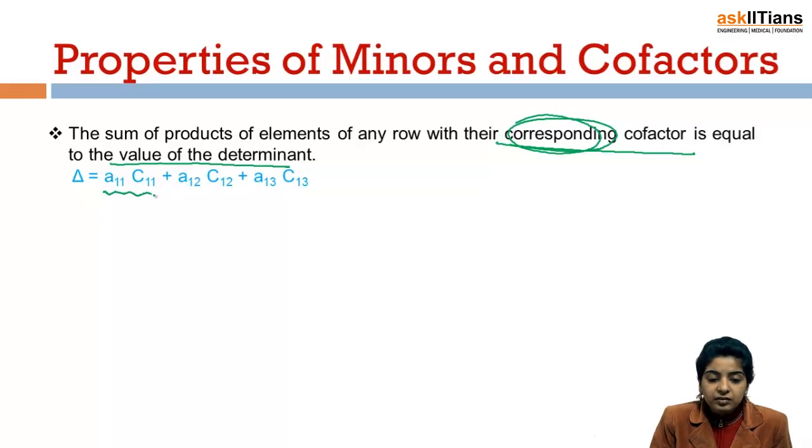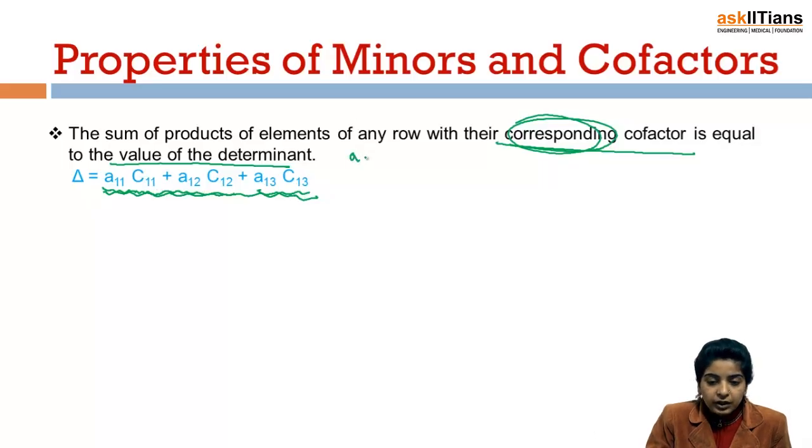That simply says if I take the cofactors of a particular row or a column and multiply them by the corresponding elements, suppose I have A11 and multiply it with C11, then I add A12 and C12, then A13 into C13, and I add up all these, then we'll get the value of the determinant.